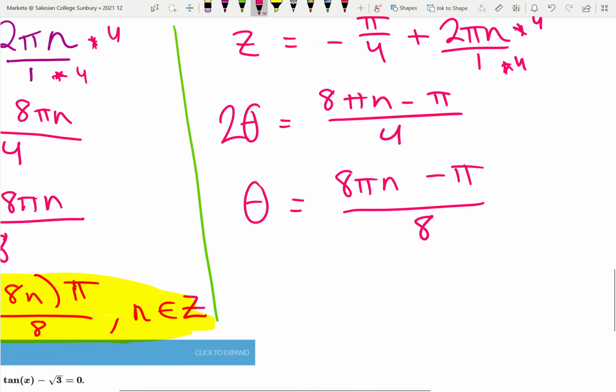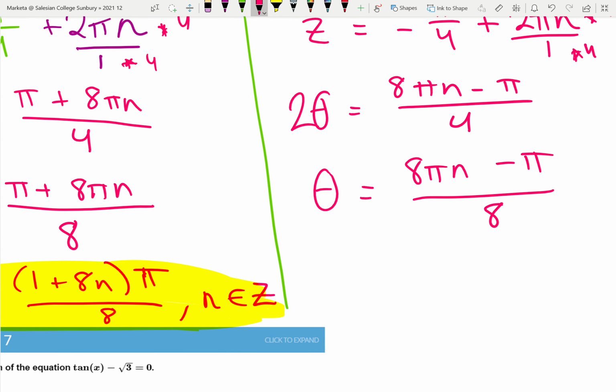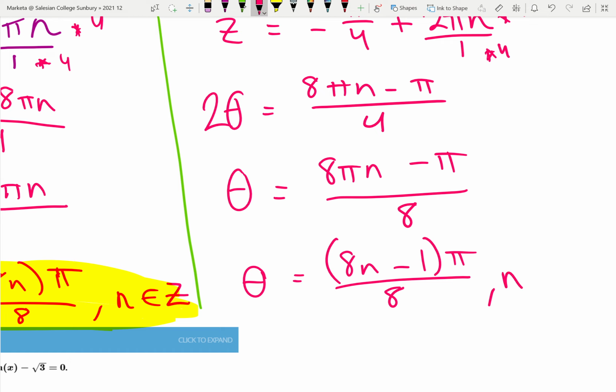And then, well, let's make that look a little nicer. So we're going to get theta equals 8n minus 1 pi on 8. And again, where n is an element of integers. So these are our general solutions.